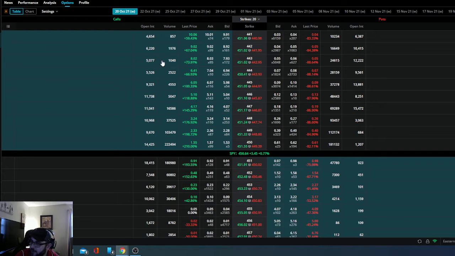So the main areas that we want to look at: these are my calls on the left side, these are my puts on the right side. The puts right here, this is what you consider out of the money in the puts, and this is the out of the money in the calls. Now the blue area here is what you call in the money.